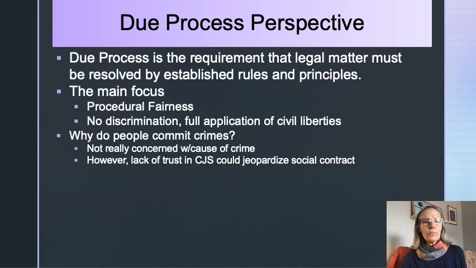However, they do say that if the criminal justice system does not follow the established rules and principles, the rule of law, and the civil liberties of those accused of crimes, that raises a lack of trust in our government, in our society, and in our criminal justice system. And when you don't trust the criminal justice system to follow the rules, people say, why should I follow the rules?